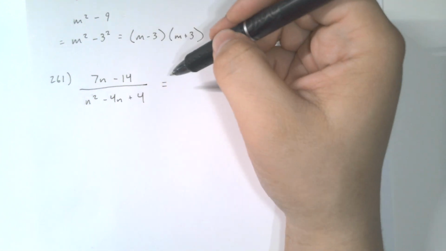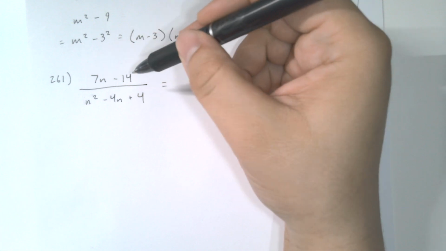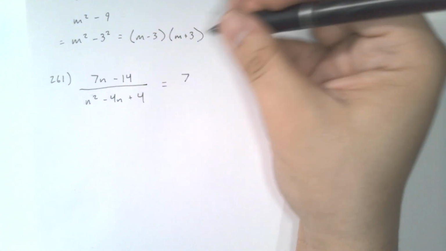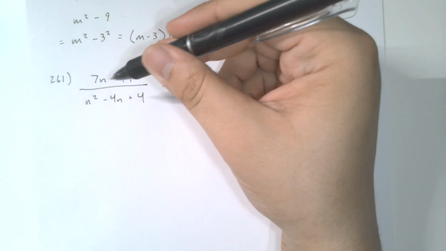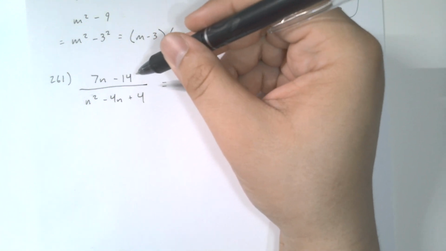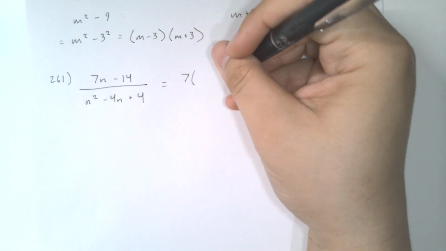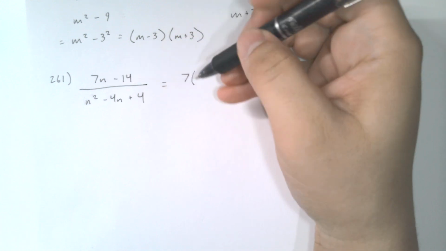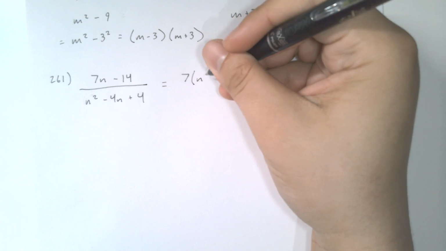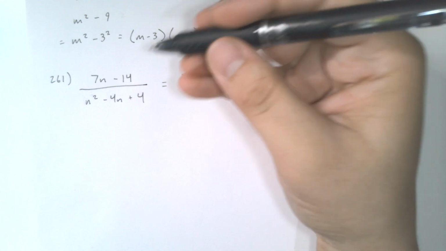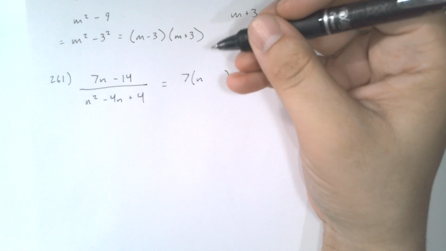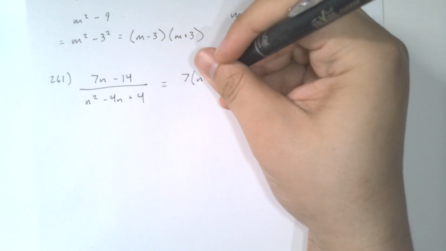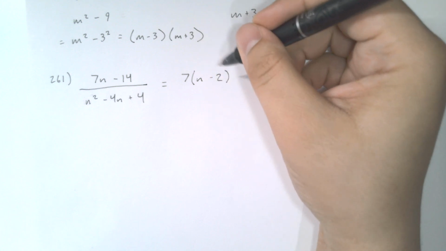The greatest common factor between 7 and 14 is 7. And now, again, we can't factor out an n or anything because this term doesn't have an n. Now we want to figure out 7 times what gives us 7n? Well, n, because 7 times n is 7n. And then 7 times what gives us negative 14? That'd be 7 times negative 2 gives us negative 14.